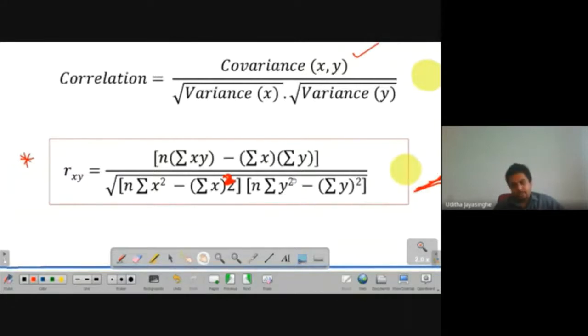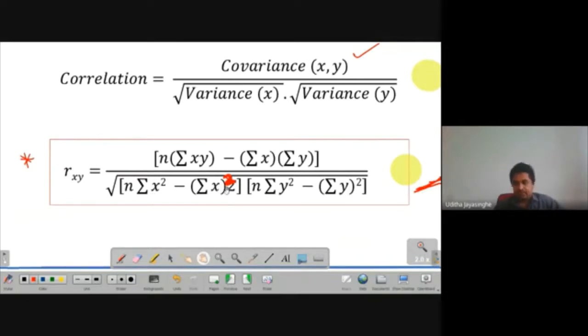So you have this form of n or n minus 1 depending on your data set, into sigma xy minus sigma x into sigma y, divided by the root of n sigma x square minus, and so on. Now what is this? Individual x values, you square them and only then you take the total.